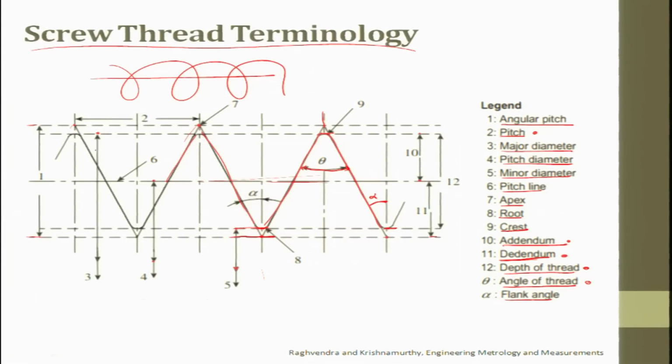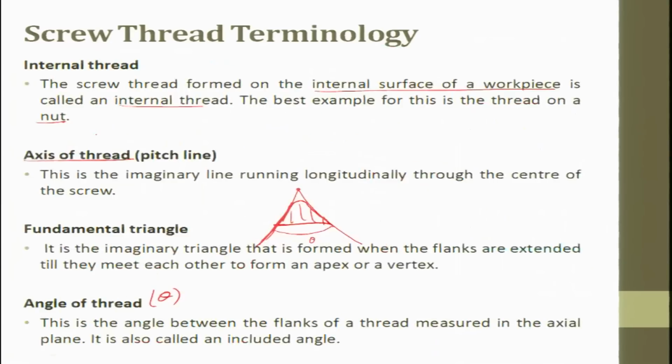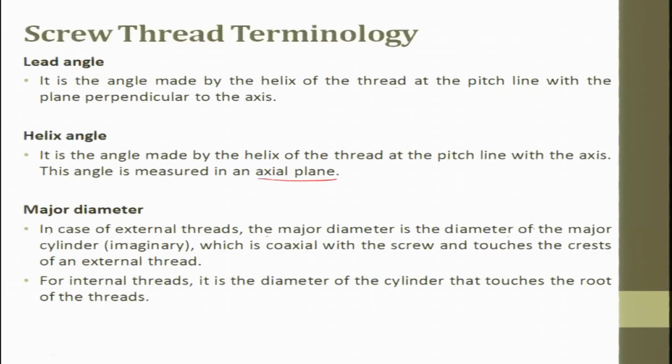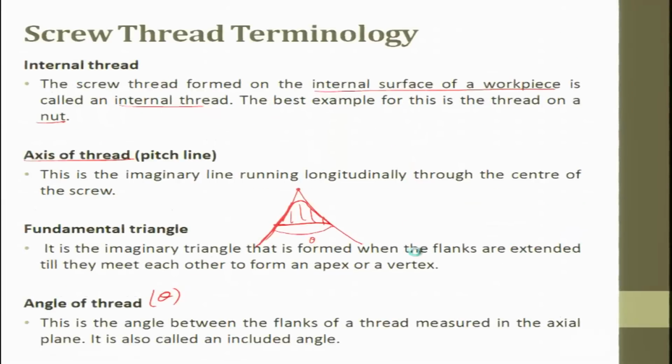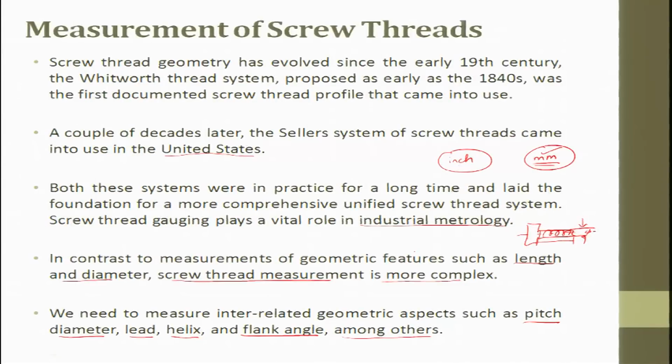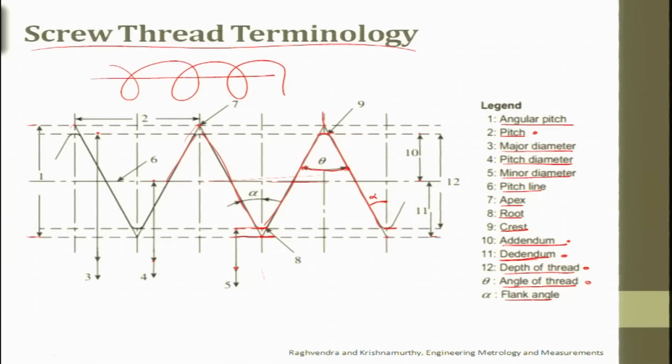Let us see the definition. It is the diameter of an imaginary major cylinder which is coaxial to the screw and touches all the crests. This is called the major diameter.